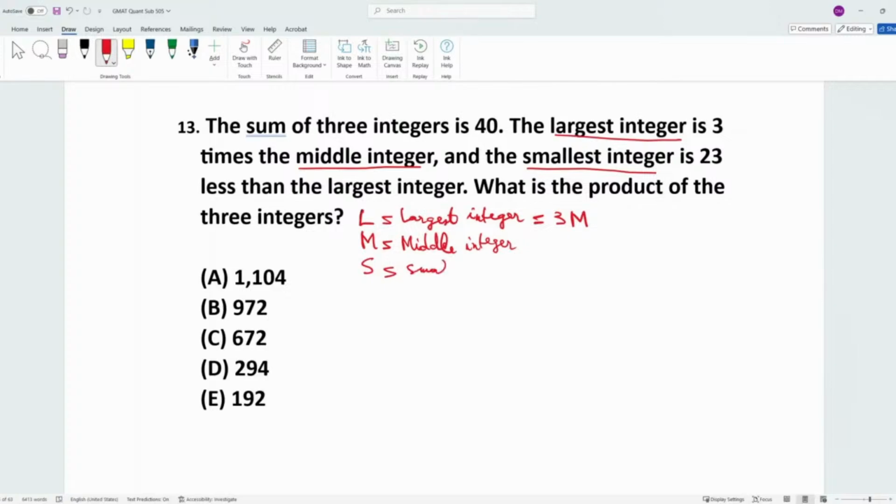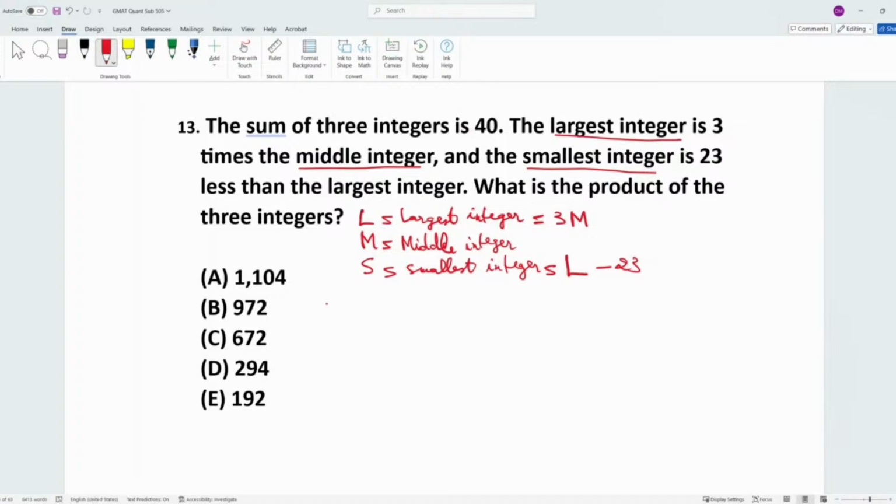So it says smallest integer. And it tells us that the smallest integer is 23 less than the largest integer. So it means that it's L minus 23. And we know that L is the largest integer, okay? It also tells us that the sum of the 3 integers is 40.